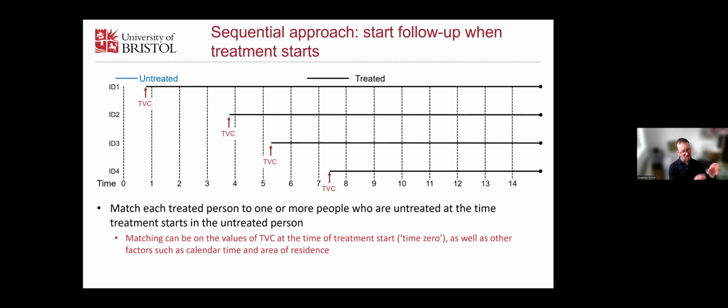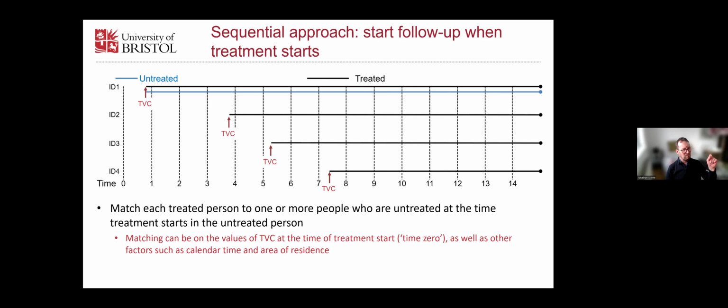We can then match on the values of time-varying confounders at the time of treatment start. That's time 0 in the CAUSALab sense of time 0, the time that treatments are assigned and follow-up starts, as well as other factors such as calendar time and area of residence.